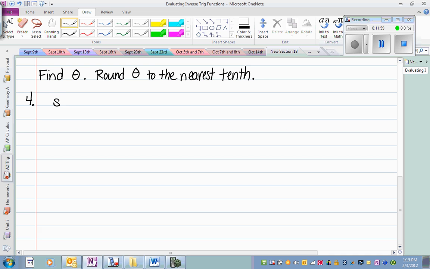So this one, we're going to have sine theta equals -5 divided by 8. The first thing you should notice is that negative. That's telling you the quadrants.